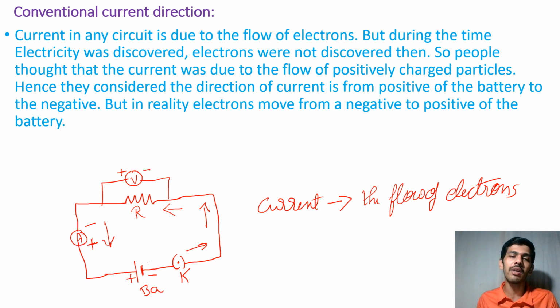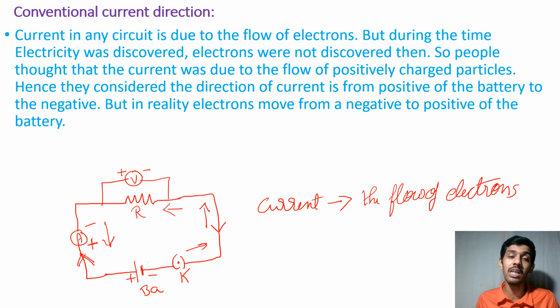So they took the direction of current from the positive of the battery to the negative of the battery, like this. This is the direction of the positively charged particle, and that itself they took as the direction of current. But now we know that the current is due to the flow of electrons.